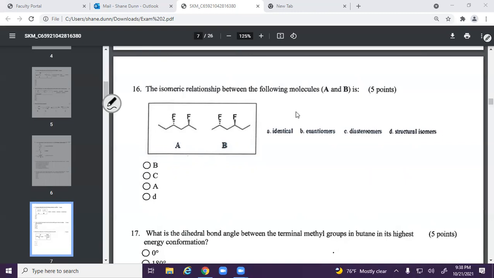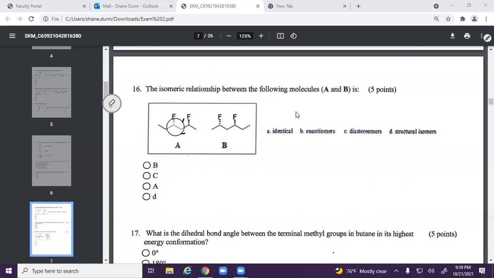These molecules, there's something special about them. What is it? One, two. Normally it's what? Regular.